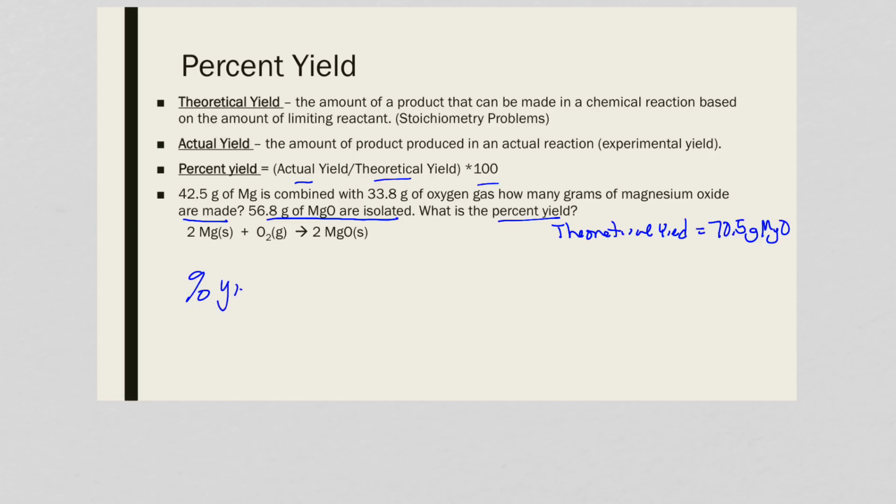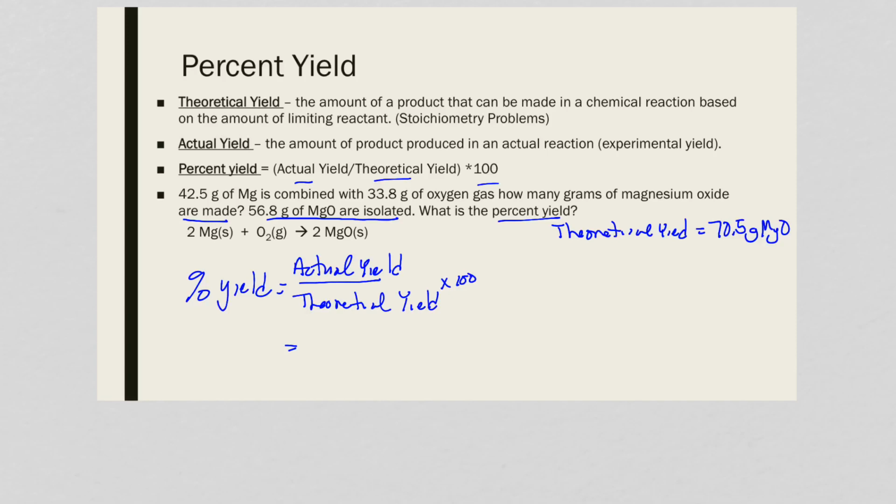So now let's just simply calculate our percent yield. Our percent yield is going to be, again, the actual yield divided by the theoretical yield times 100. So let's plug in our numbers.